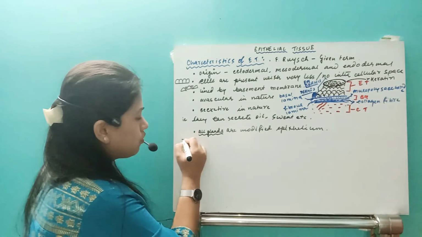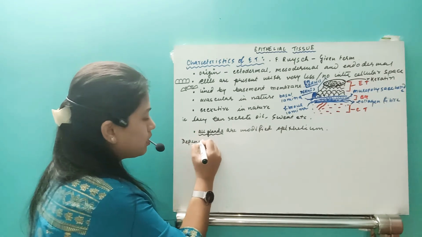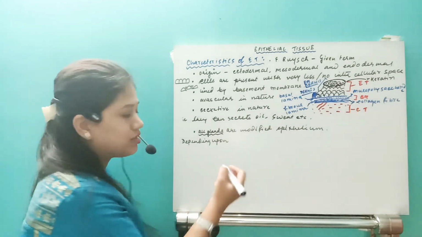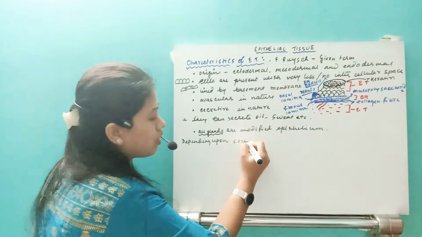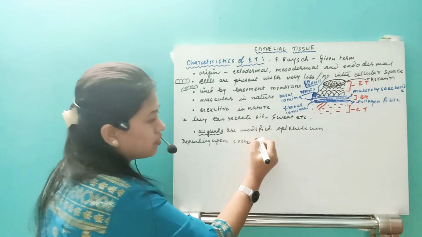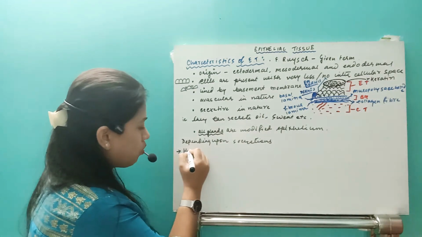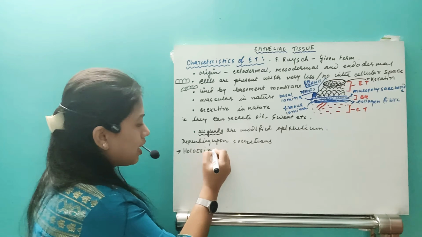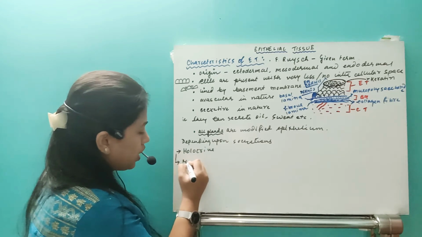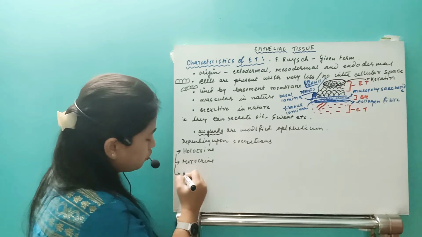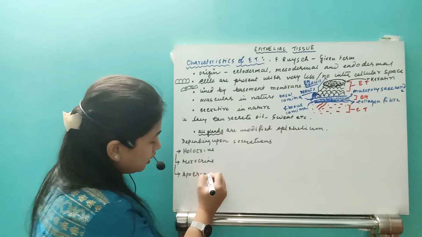So first of all, we'll see the different types of glands depending upon secretion, how it will secrete its secretion. We're going to have three types of glands. What are they? First type of gland is known as holocrine. Second type of gland is known as merocrine. And third type of gland is known as apocrine gland.